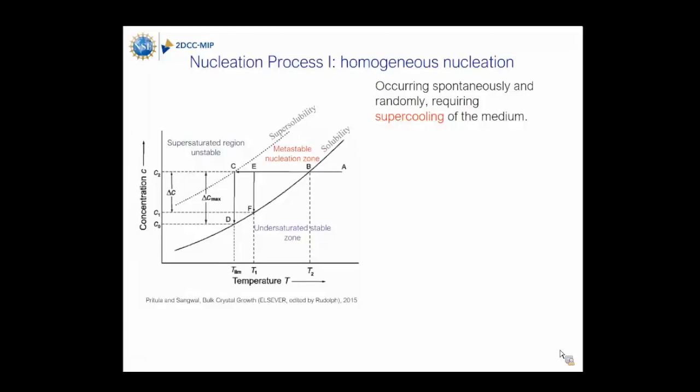This process from B to C is supercooling. For a pure solution, that could happen. In that case, it will be very difficult to get a larger single crystal, because nucleation will only happen in this region, and in this region we are not able to get larger single crystals.